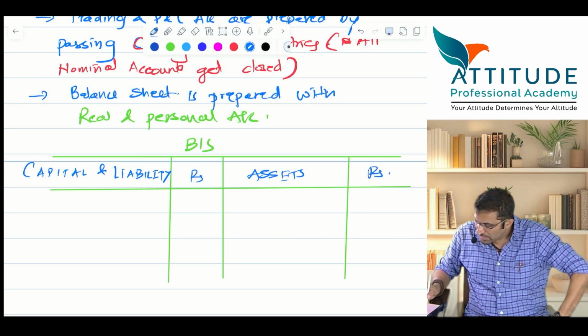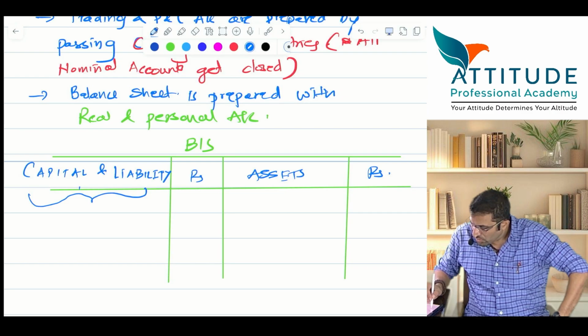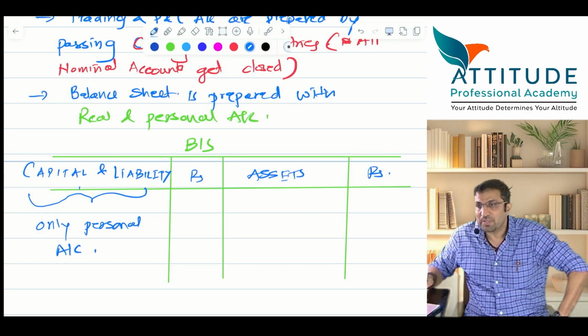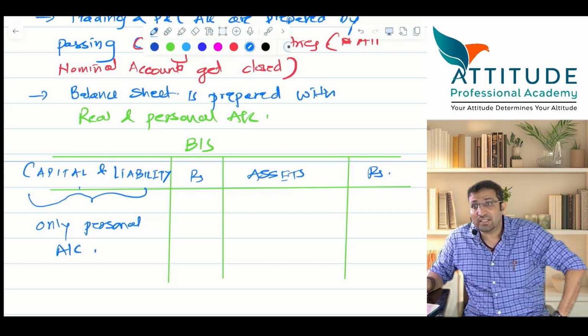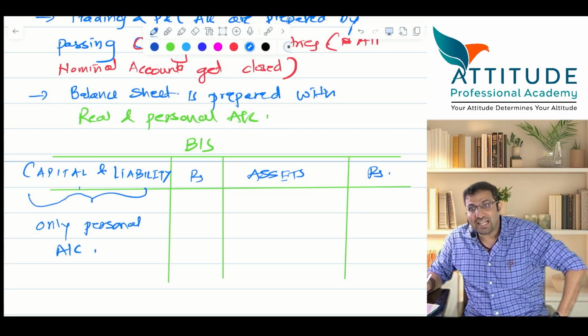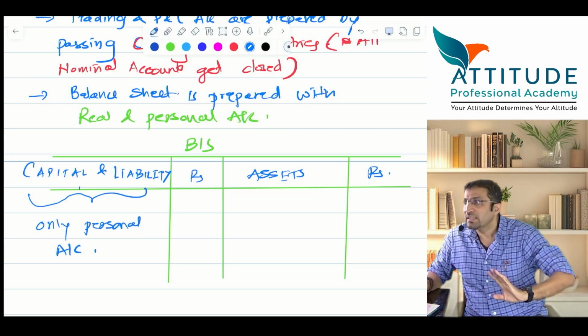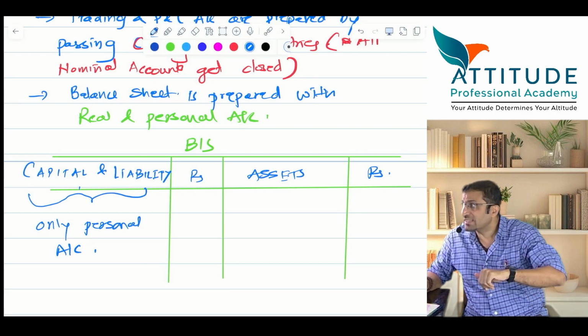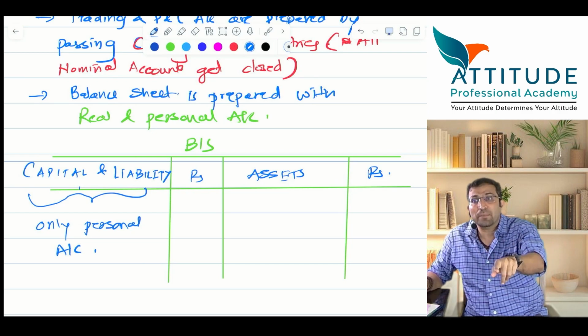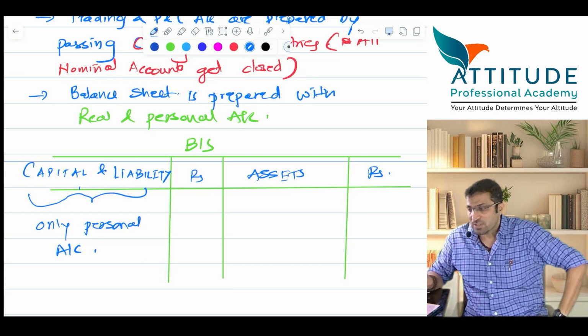Always remember, capital and liability are both only personal accounts. Capital account is a personal account, bank loan is a personal account, creditors are personal accounts, bills payable are personal accounts, outstanding expenses are payable to some person, income received in advance means you have to render service, benefits payable to a person, always personal accounts.